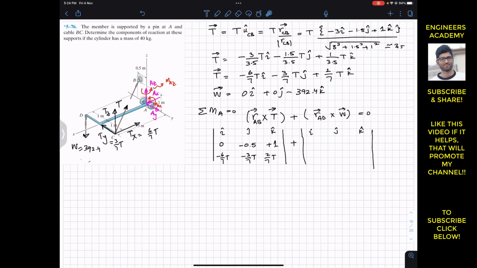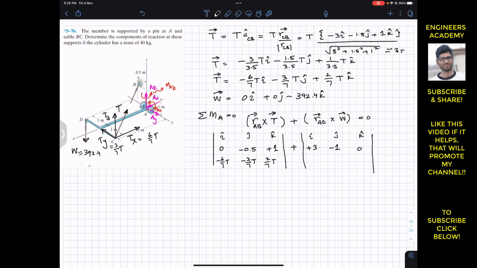Then we have to find the position vector from A to D. From A, we need to travel 3 meters in the positive x, and then 1 meter in the negative y. And there is no need to travel in the z direction. So plus 3 in the positive x, then 1 meter in the negative j, and 0 meters in the k. And then the weight is 0, 0, and minus 392.4, and this must be equal to 0.